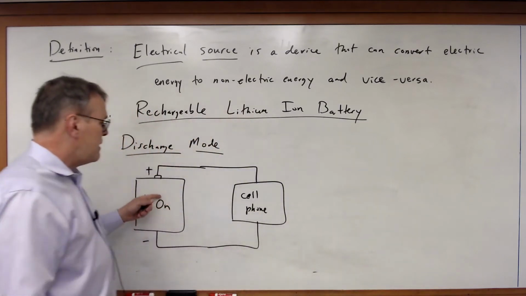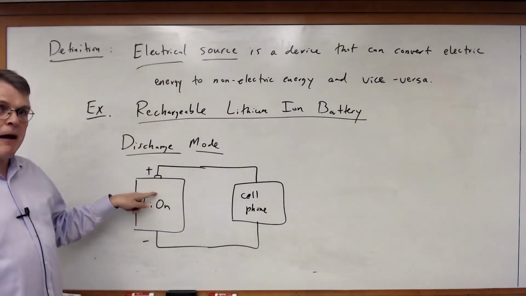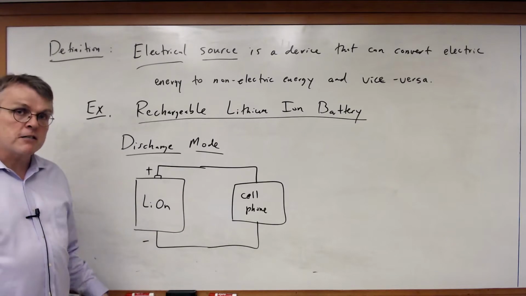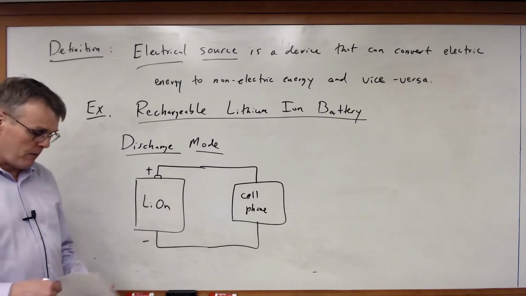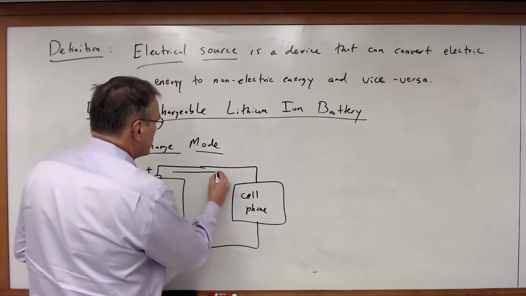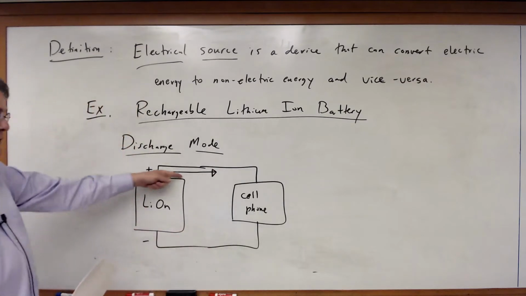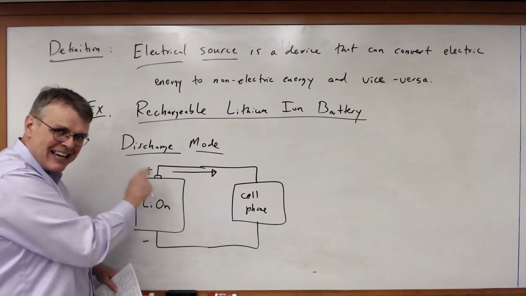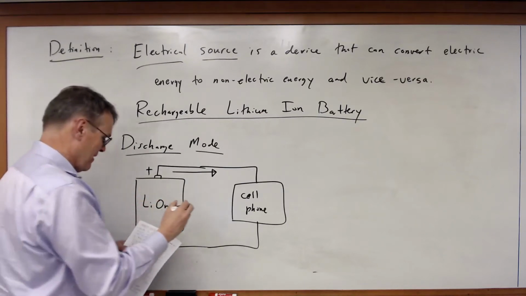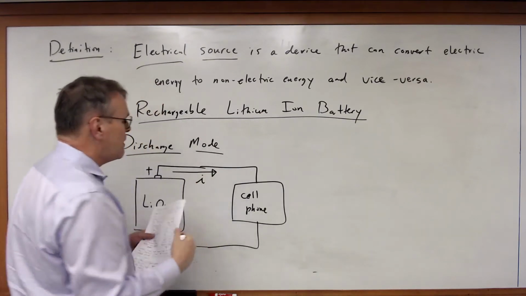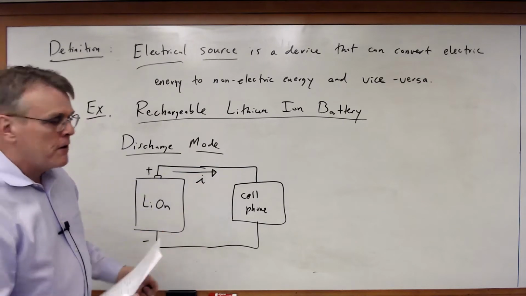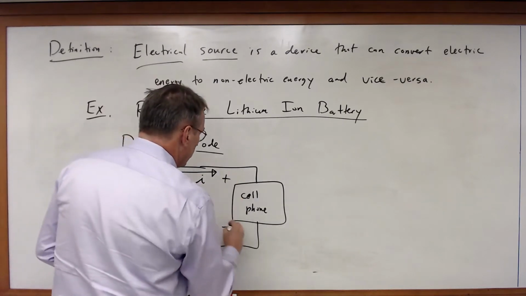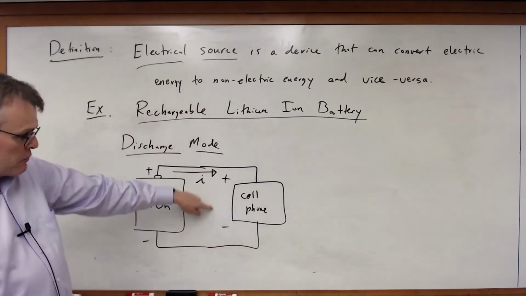So that battery has negative power. The electronics in the cell phone have positive power. So current is flowing out of the positive terminal, okay? By passive sign convention, that makes this a negative power element. And as that current flows out, it flows into the cell phone. The cell phone will have a voltage across it, the electronics like so.